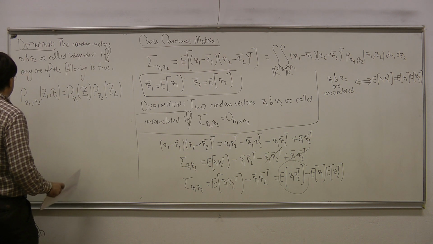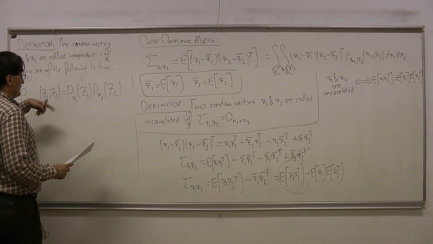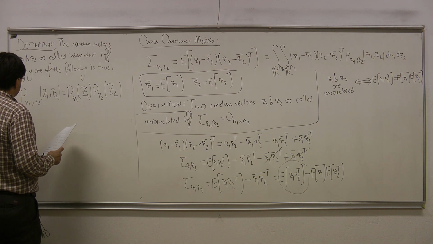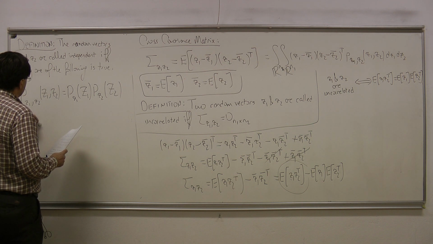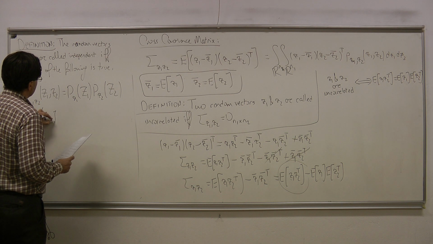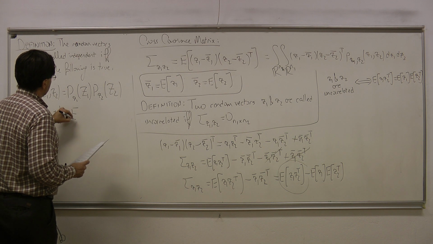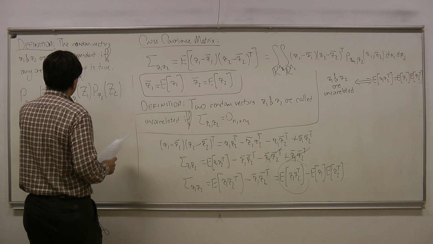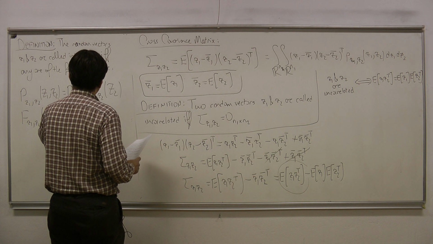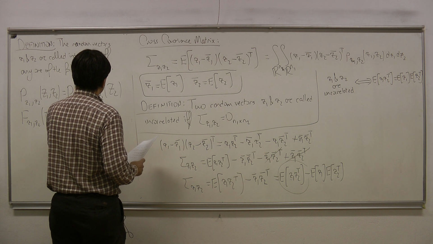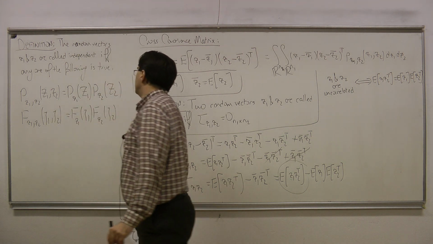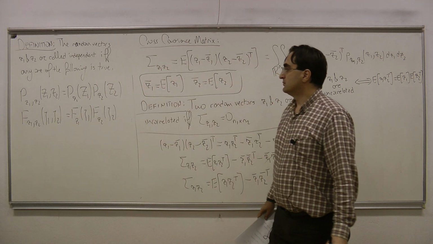Similarly, the CDFs are factorized. Any one of them would imply independence. The joint CDF of Z1, Z2 at psi1, psi2 is equal to the multiplication again, factorized into marginal CDFs. Okay?